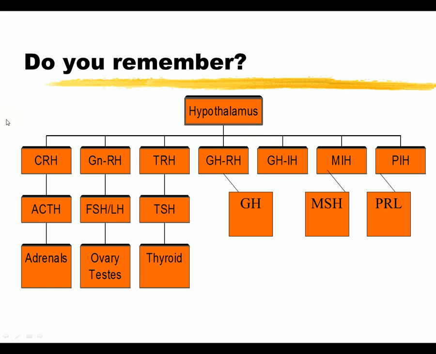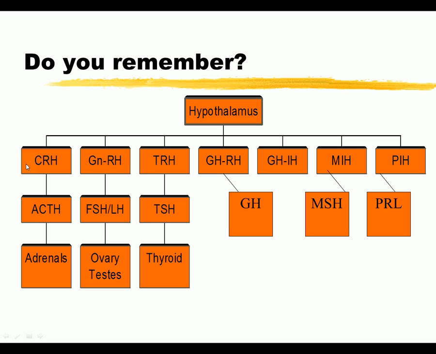Now, you see a lot of HRs, that's releasing hormones, and then you see IH, and that's inhibiting hormones. So it's got releasing hormones and inhibiting hormones. So there's lots and lots of things that can come from the hypothalamus. So if something's wrong with the hypothalamus, we can see where we can have pituitary disorders because we are not secreting, inhibiting, or releasing hormones.